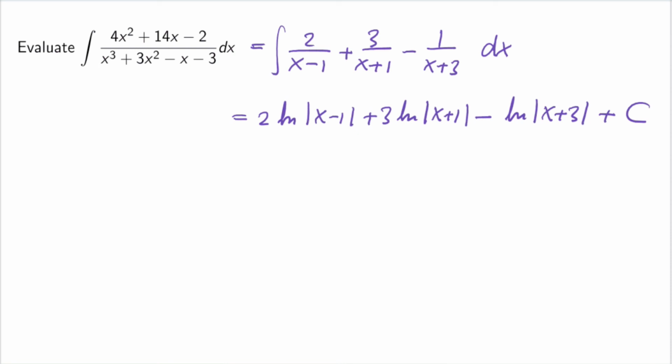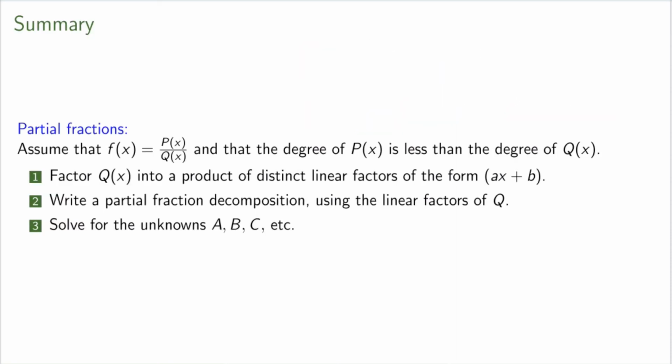The left side seems to be rather complicated, but if we get these partial fractions done correctly, we can actually integrate these functions. Let's summarize. The method is for rational functions, where in particular the degree of p is less than the degree of q, and then we factor q in a product of distinct linear factors.